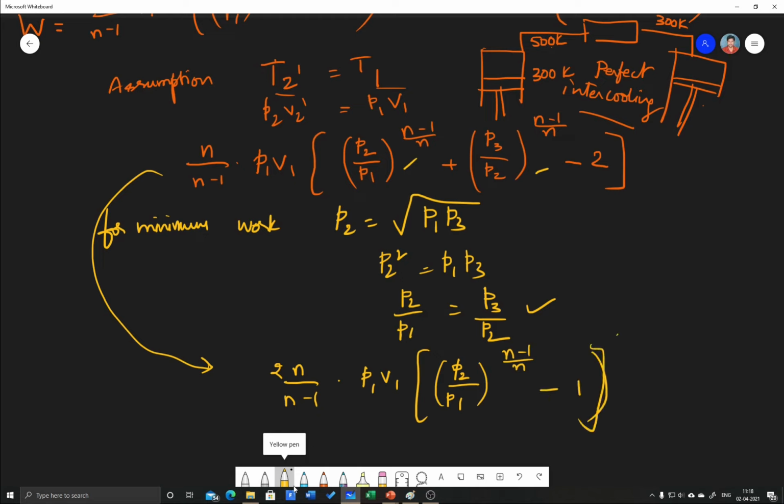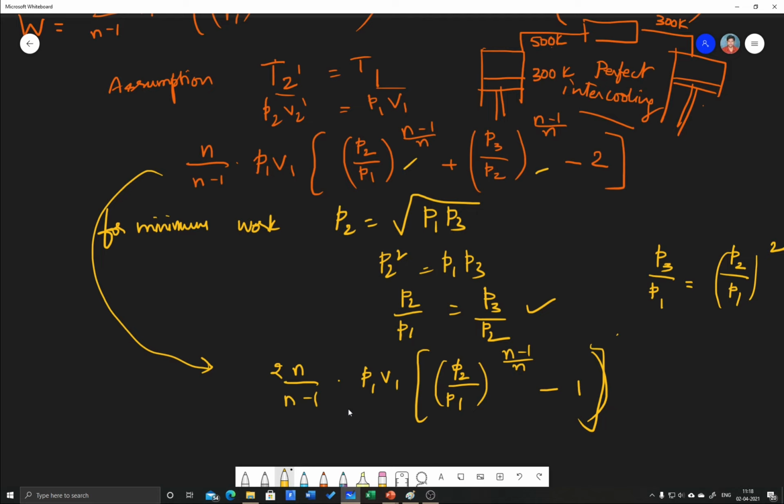like this. Or from here, if you write P3 by P1, P3 by P1 is equal to (P2 by P1) whole square. See here, P3 by P1 is equal to (P2 by P1) whole square.